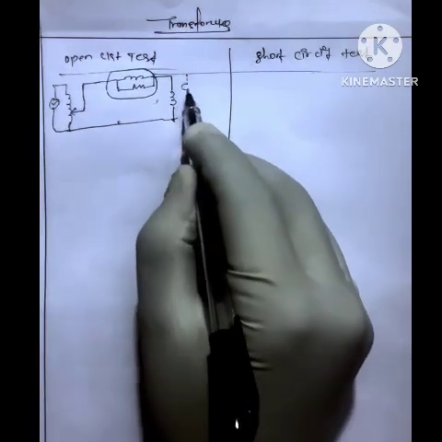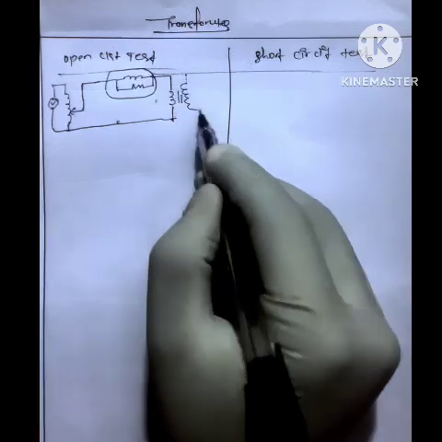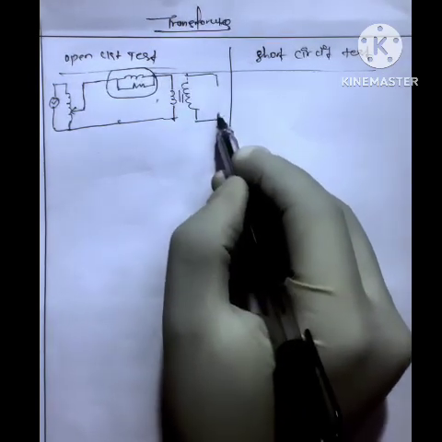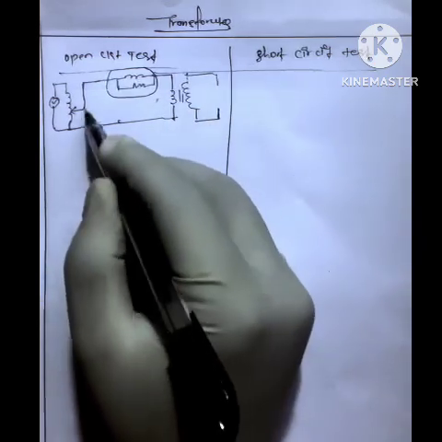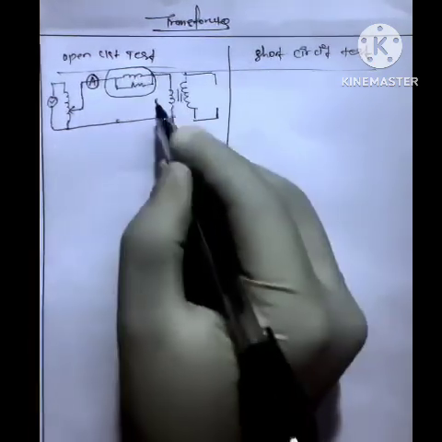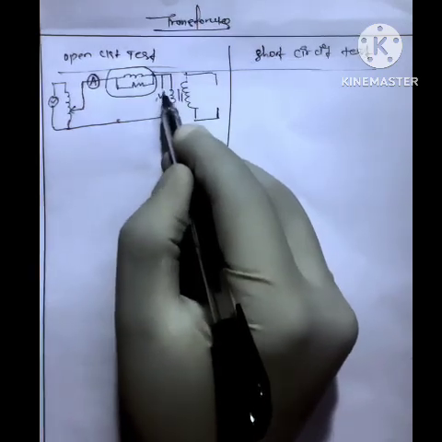Then we will draw the symbol of the transformer, and this is how the circuit gets completed. In series we will connect an ammeter, and in parallel we will connect a voltmeter.